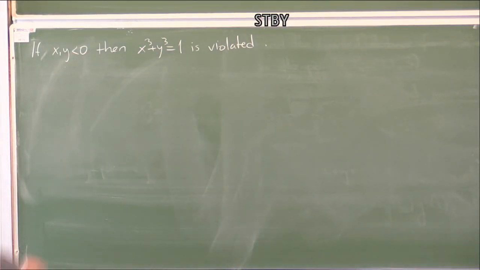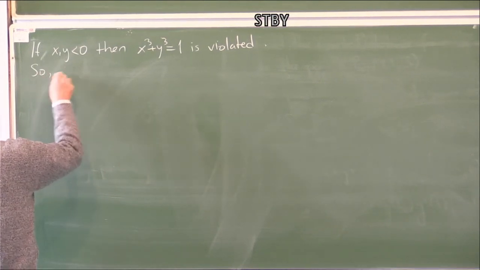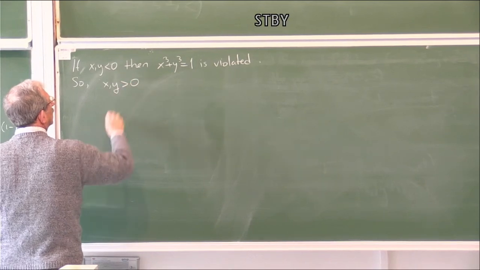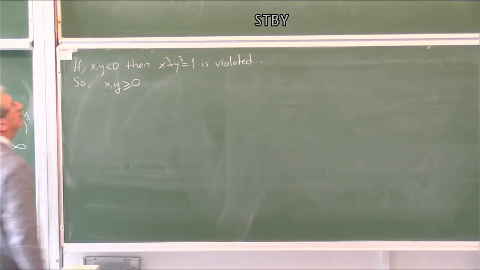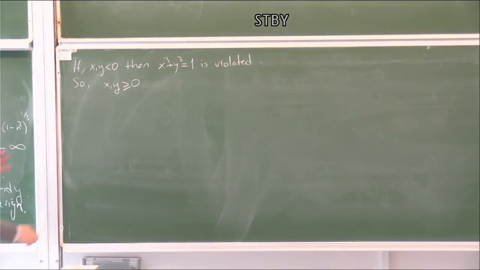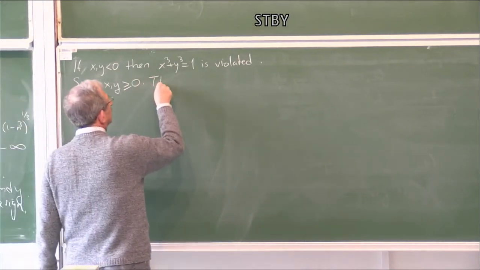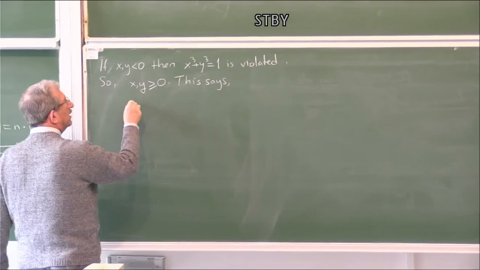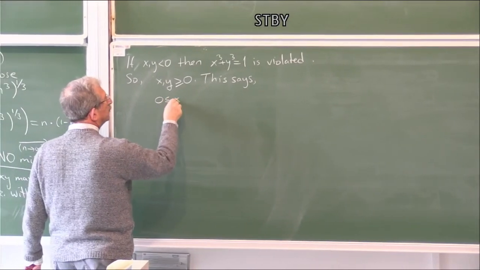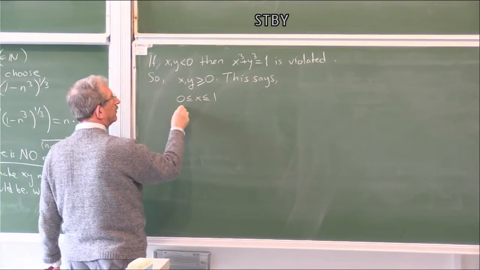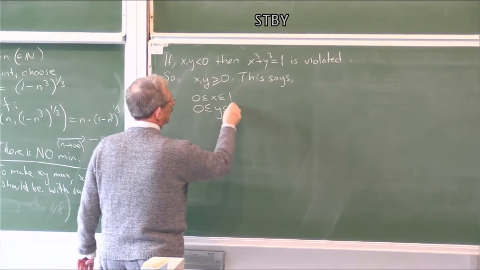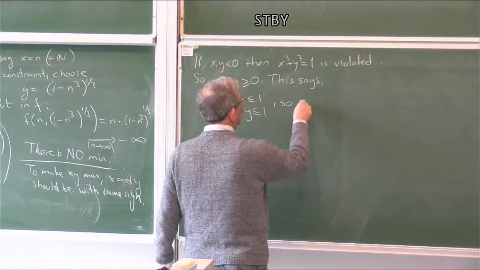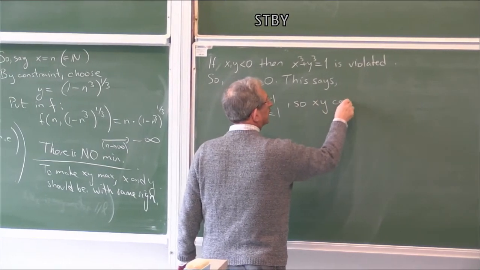So it's not possible. You don't have any points x, y, both negative, satisfying this equation. So xy must be positive or 0. Well, in this case, x is between 1 and 0, y is between 1 and 0, and so xy cannot go to infinity.